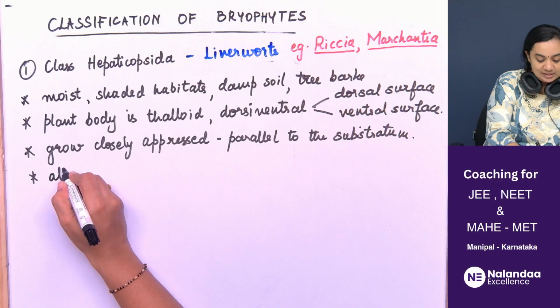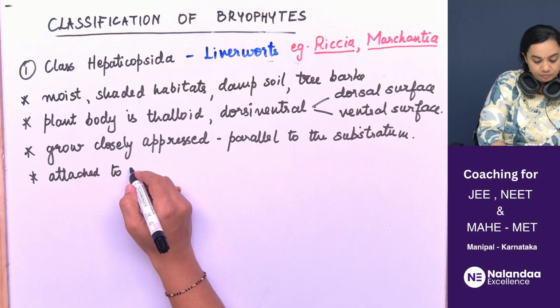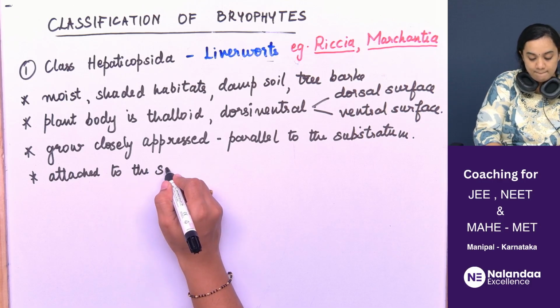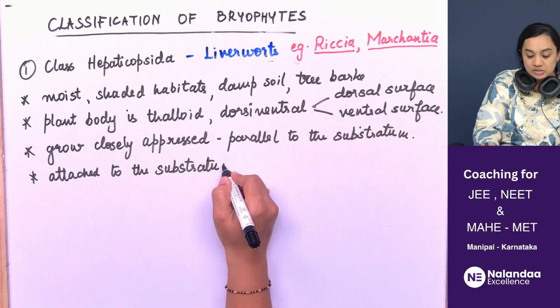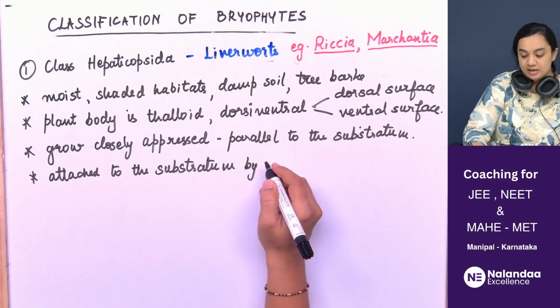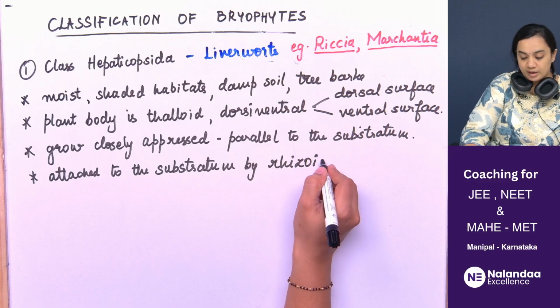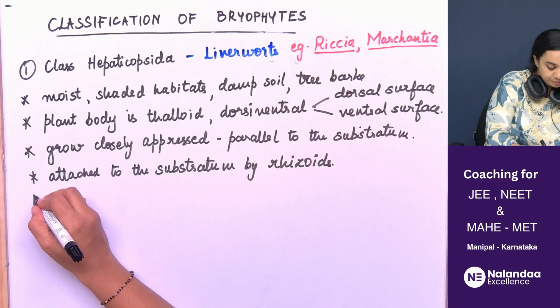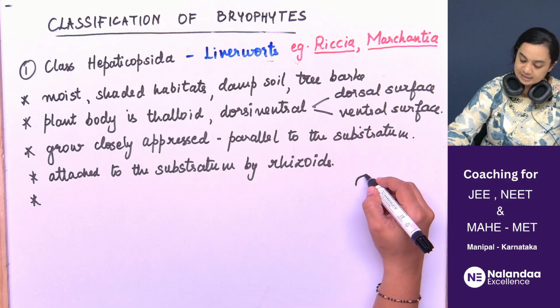Which means attached to the substratum by means of root-like structures called rhizoids. So this is, in general, the plant body. They grow closely pressed and it is thalloid.